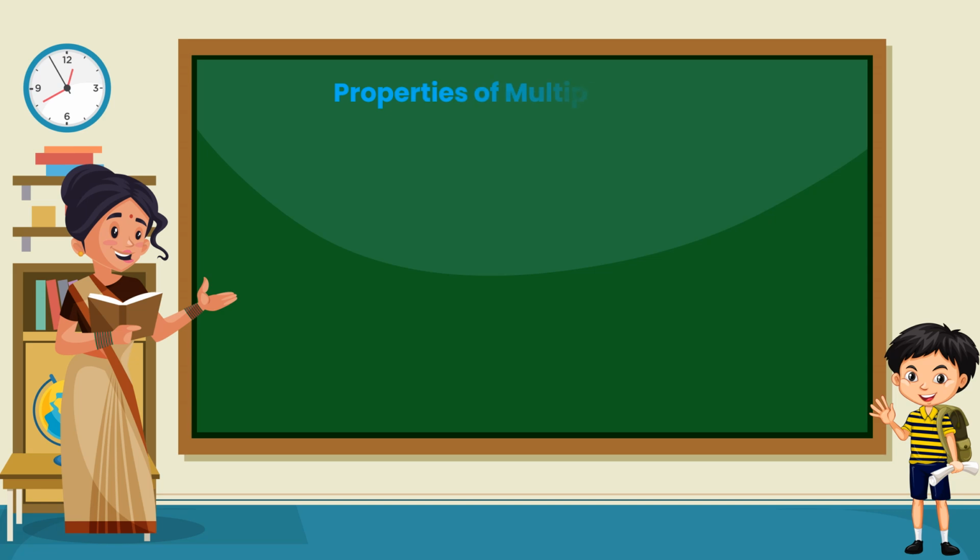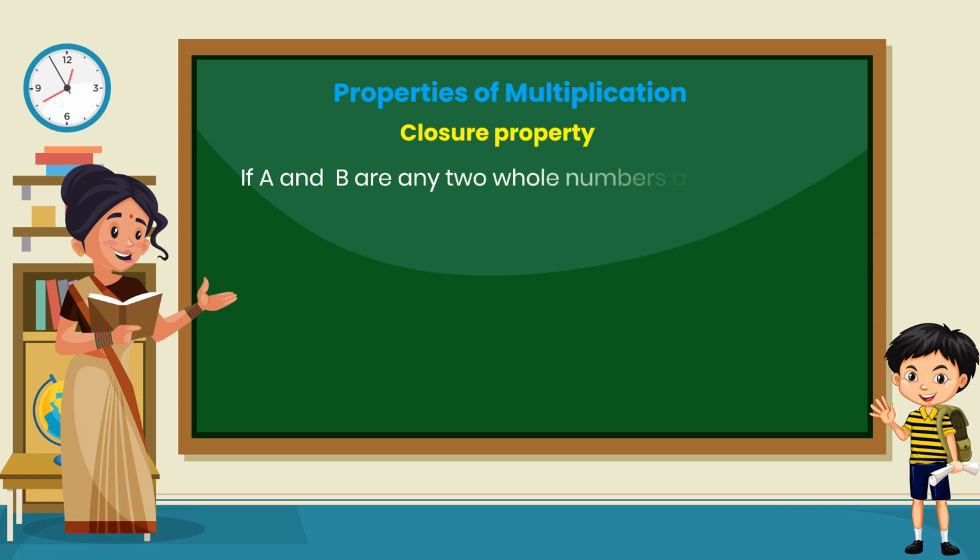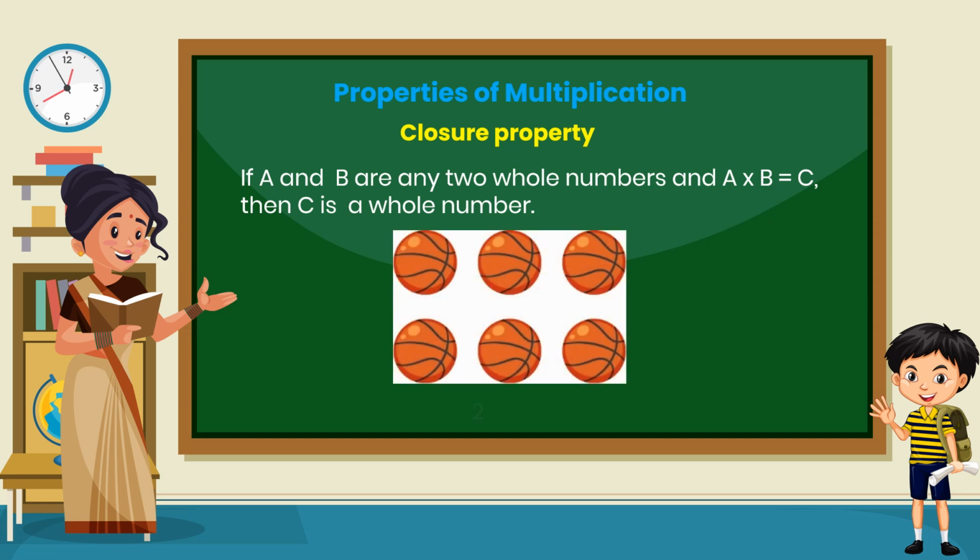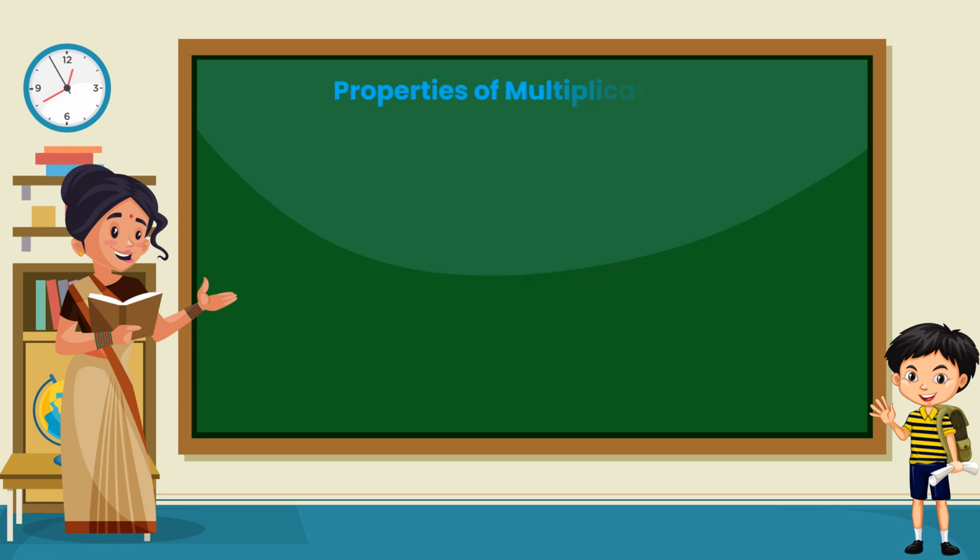Properties of multiplication. Closure property. If A and B are any two whole numbers and A multiplied by B equals C, then C is a whole number. 2 multiplied by 3 equals 6. Commutative property.